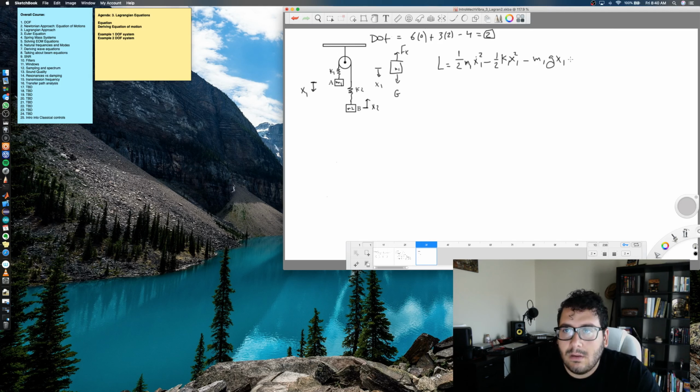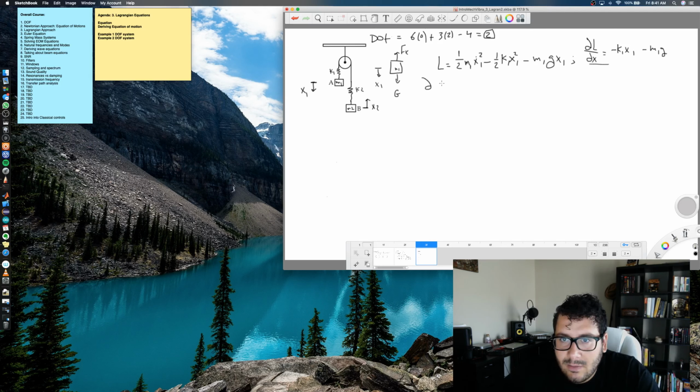Now let's do this with respect to x. This is going to equal my negative k1 x1, and then I have this term here, x disappears, so minus m1 g. So that's my first term.